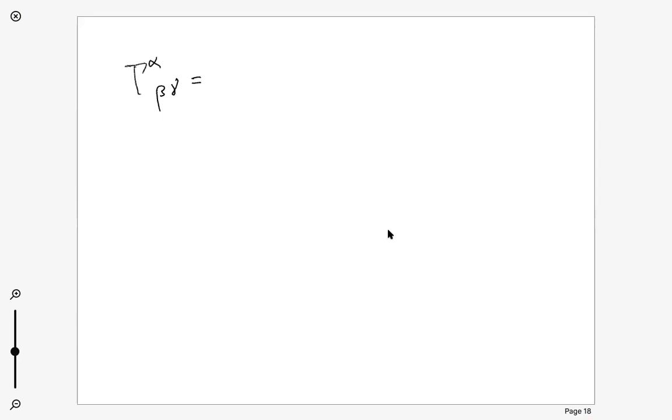Okay. So let me try to quickly write this down. Again, my way of remembering this is we have the top index here as alpha.